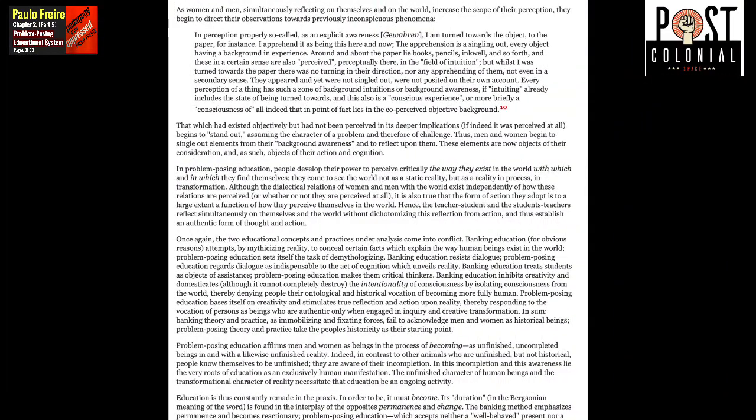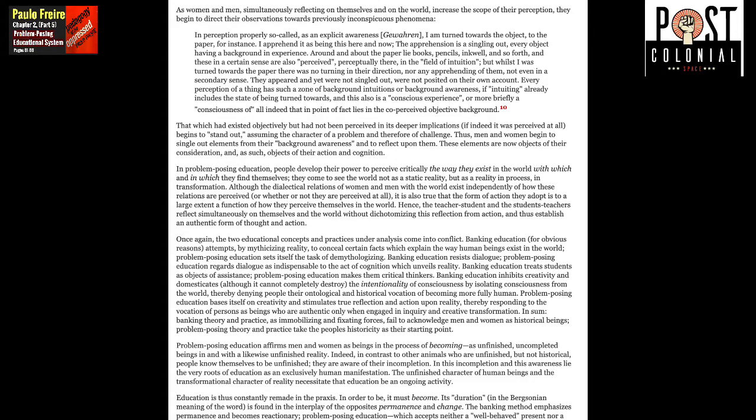As women and men simultaneously reflecting on themselves and on the world increase the scope of their perception, they begin to direct their observations towards previously inconspicuous phenomena. And this is a quote from Husserl, and I read, "In perception properly so called as an explicit awareness, I am turned towards the object, to the paper for instance.